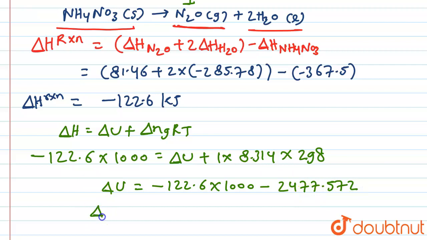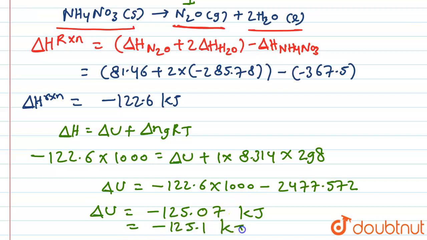So if I solve this equation, we will get delta U as minus 125.07 kilojoule. Or if I round it off, we will get minus 125.1 kilojoule. That is our delta U of the reaction.